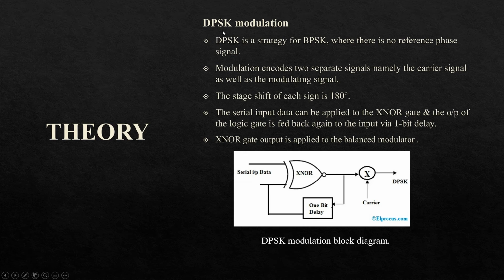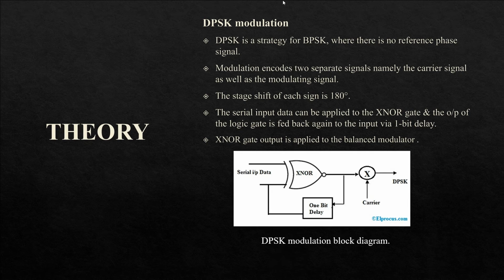Theory. DPSK modulation. DPSK is a variant of BPSK where there is no reference phase signal. Modulation encodes two separate signals, namely the carrier signal as well as the modulating signal. The phase shift of each signal is 180 degrees.